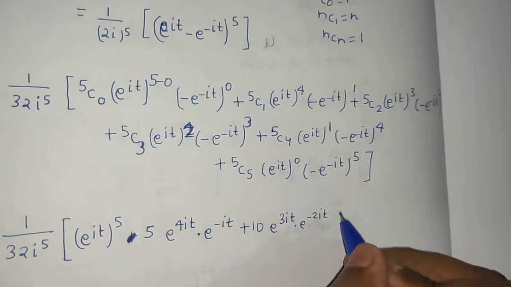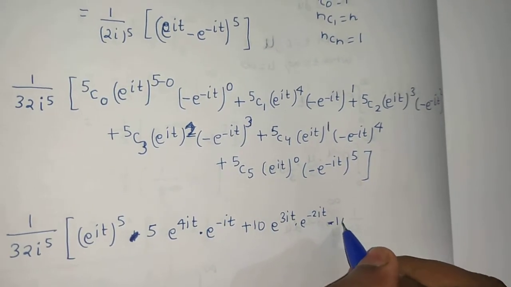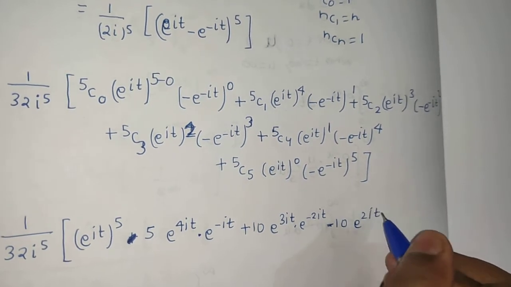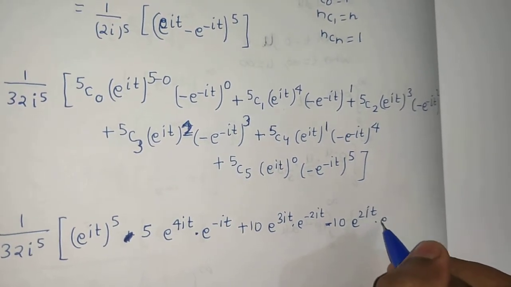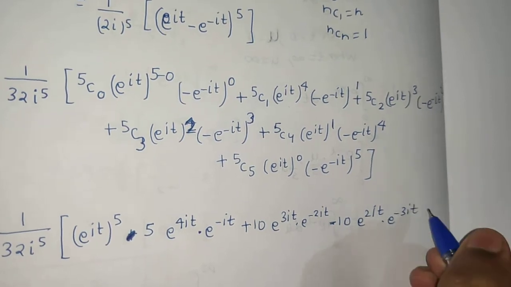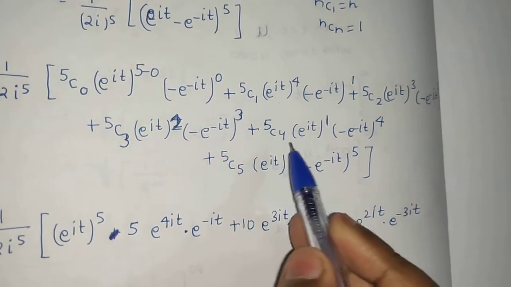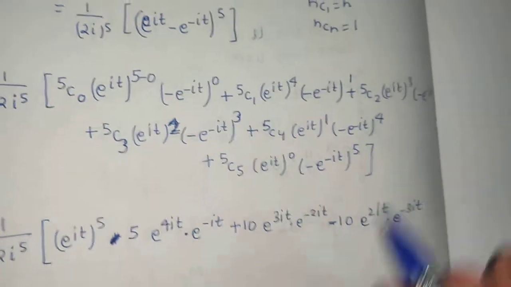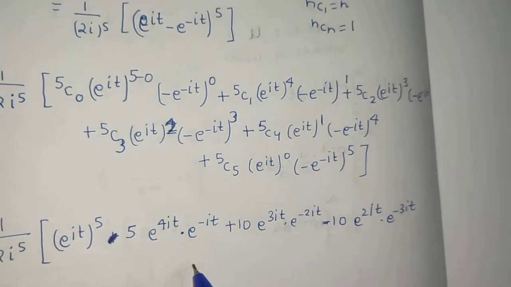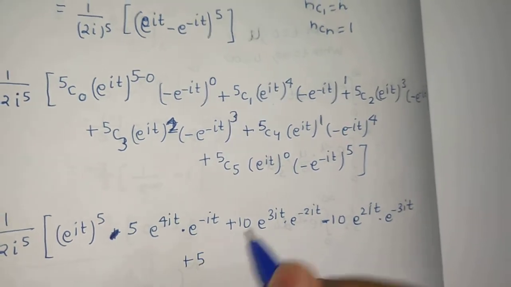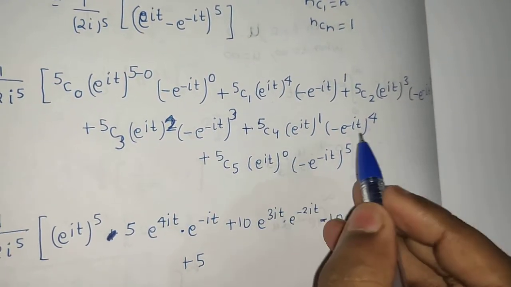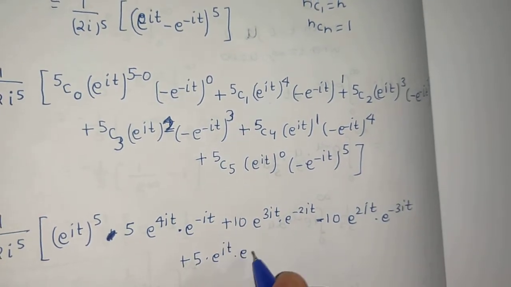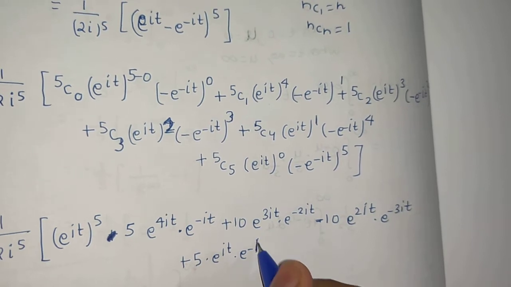But there will be a minus sign in this case. 10 e power 2 it into e power minus 3 it. Now 5c4, again using the same formula, 5c4 is equal to 5c1, which in turn is equal to 5. So again 5, this minus sign will be nullified, e power it into e power minus 4 it.